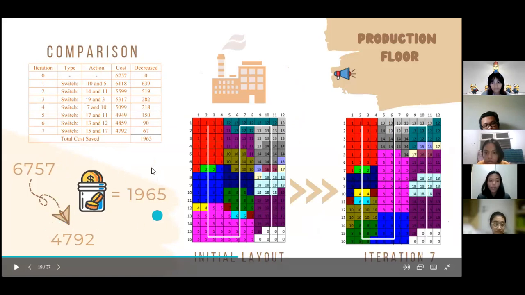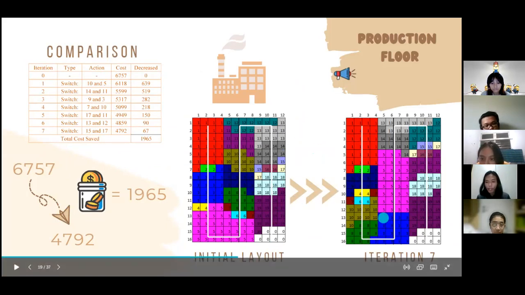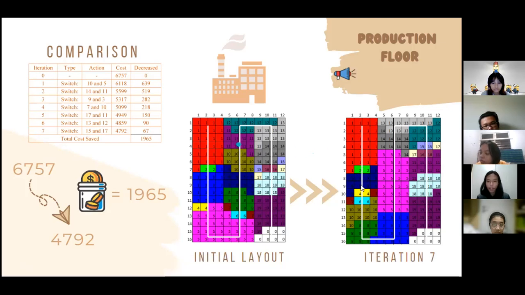So we can save the cost until 1,965. This is the total cost we save, and this is the layout from the initial layout until iteration 7. We can see that there are differences between the initial layout and iteration 7. For example, we switch department 15 and department 17.